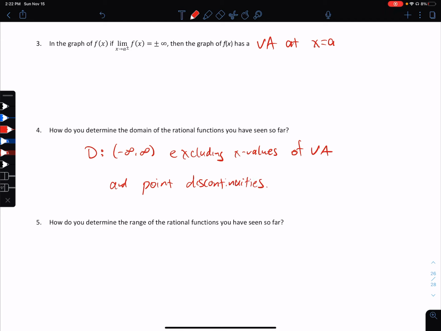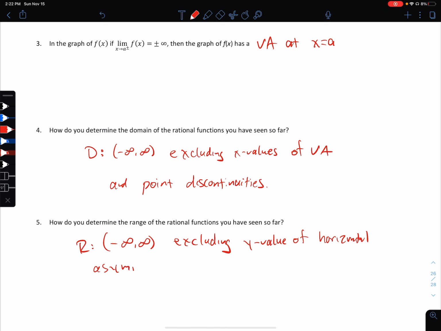How do you determine the range of the rational functions you've seen so far? Well, we assume once again that the range is all real numbers, excluding the y value of the horizontal asymptotes and from the point discontinuities.